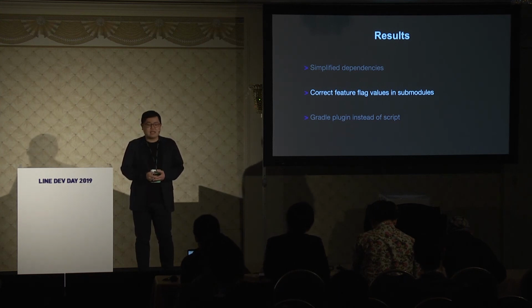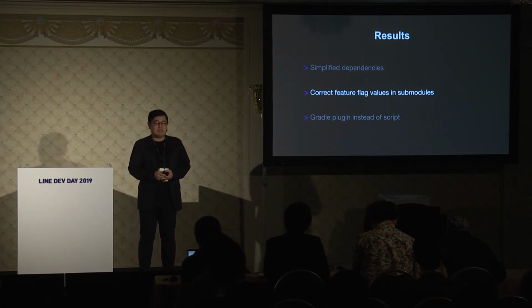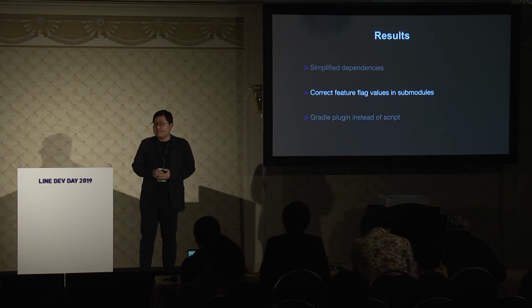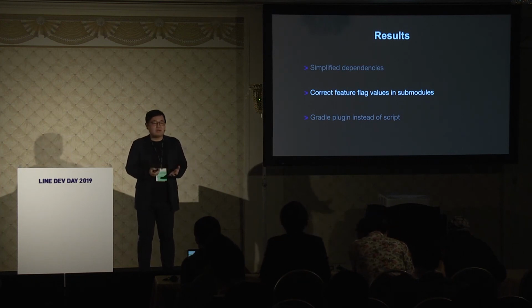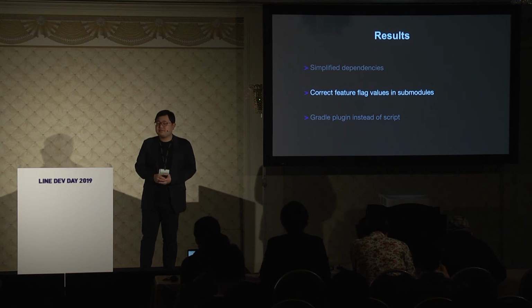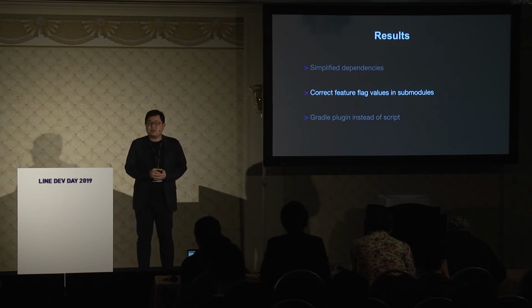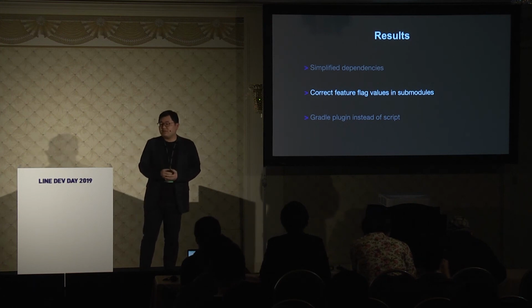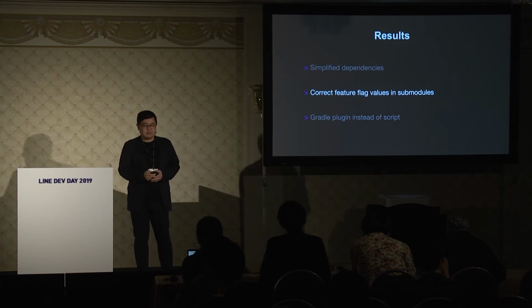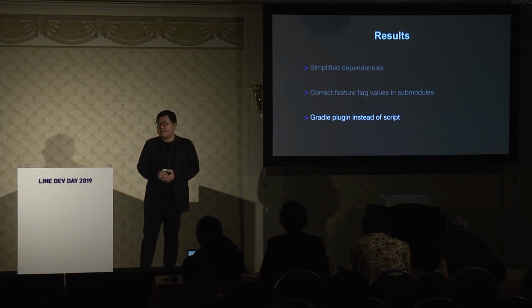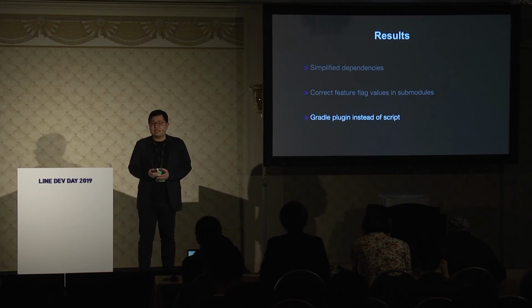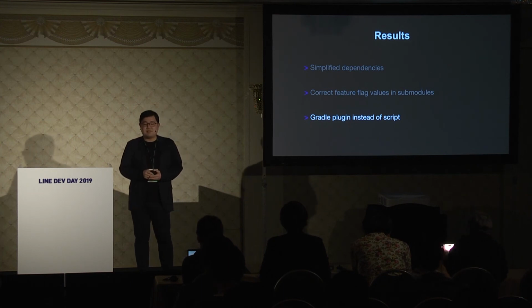Secondly, the submodule can have the correct value of its own. By doing this, the submodule itself can be shared with other applications, and it would not look at application-specific flags. And third point, when we did the re-implementation, it used to be a Gradle script, but now it's a Gradle plugin.